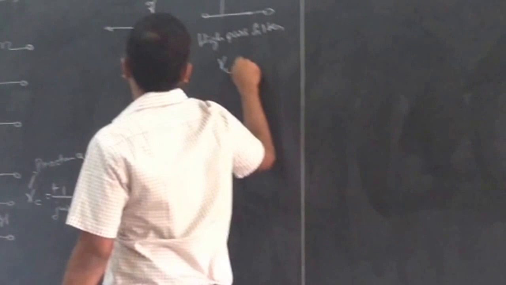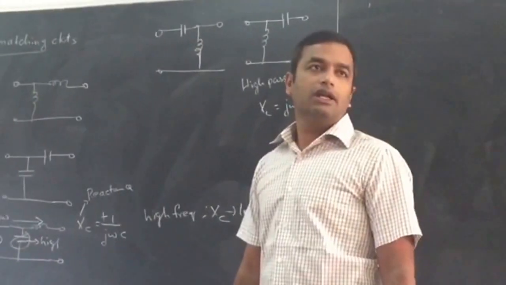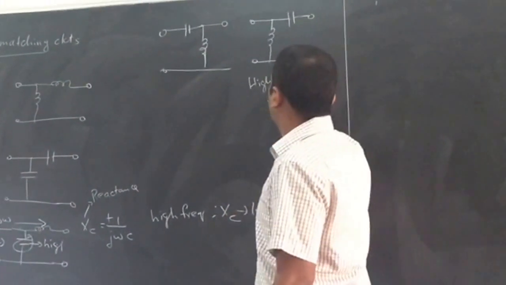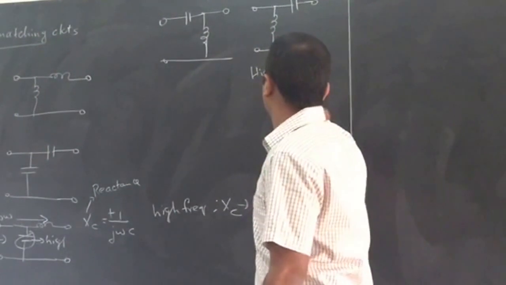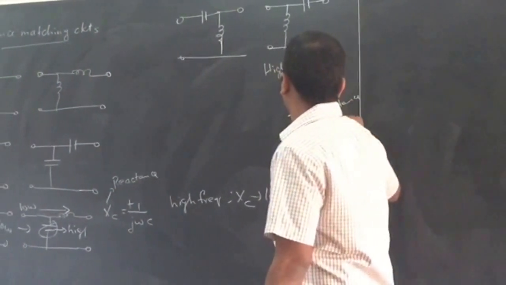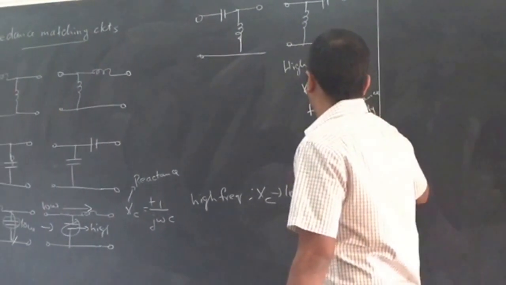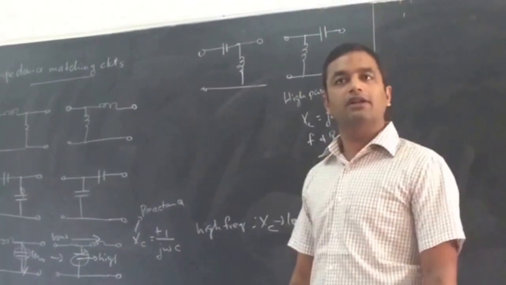XL is jωL. So if XL is jωL, frequency and reactance are directly proportional.